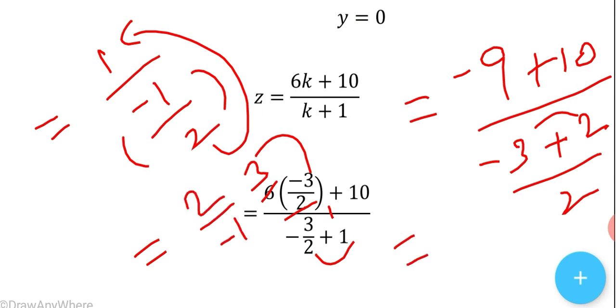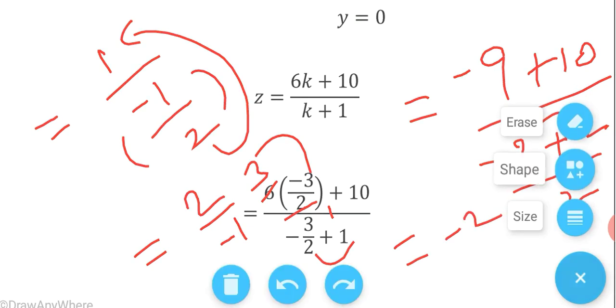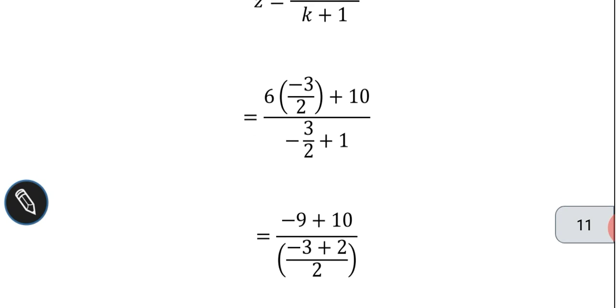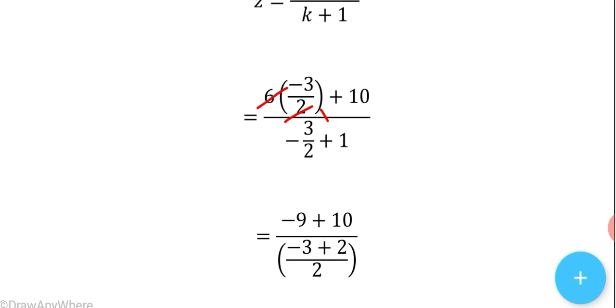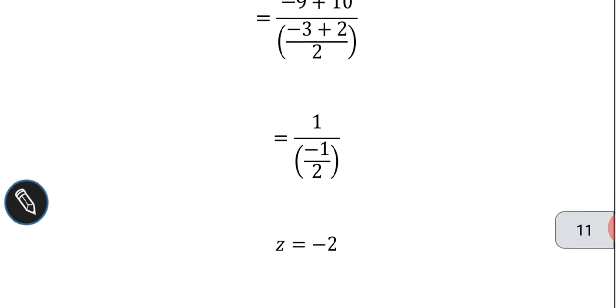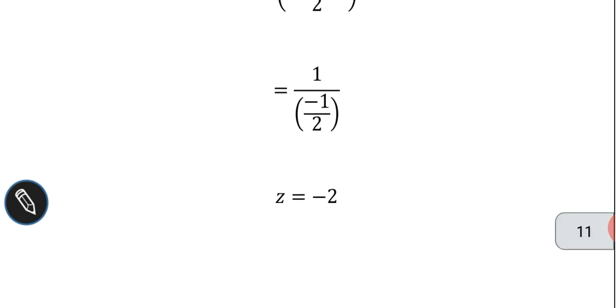So that is equal to -2. So 1 divided by -1/2 gives z is equal to -2.